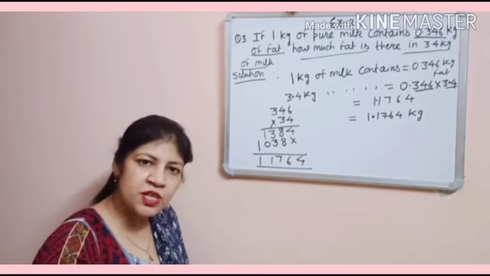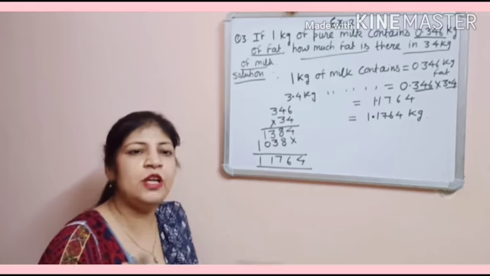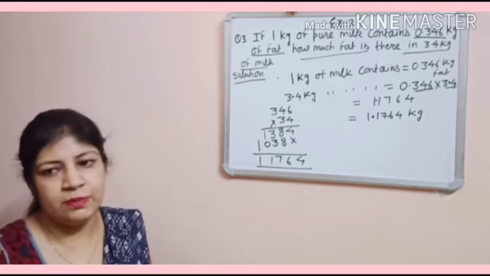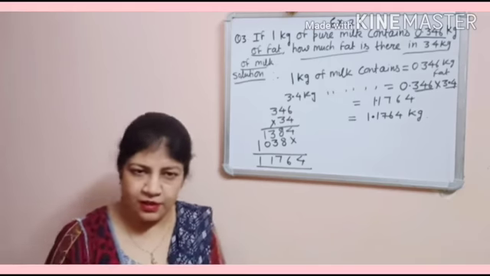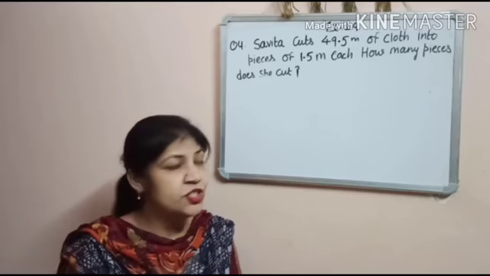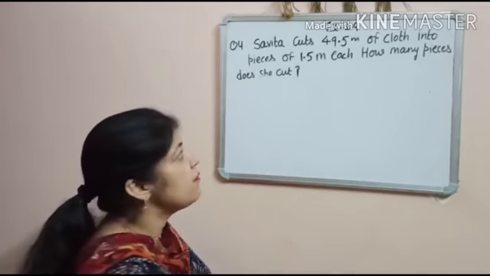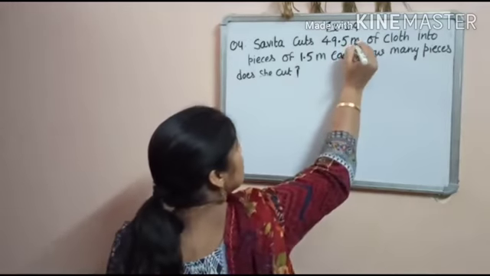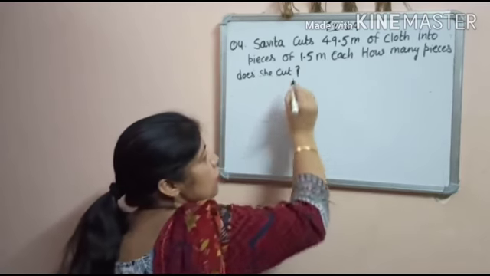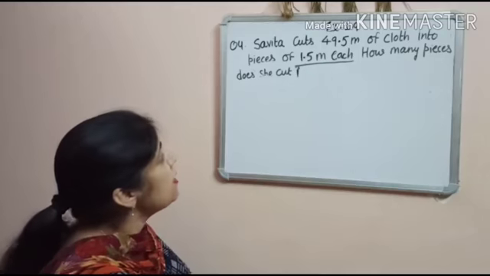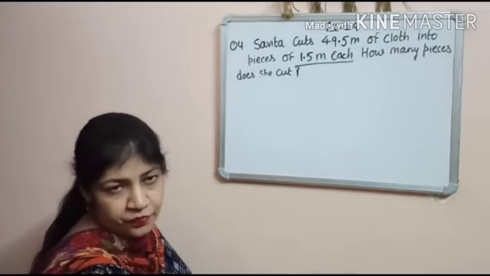But when the value of more is given, and to find the value of 1, you have to divide. Just mind it. Clear? So our next question is, Savita cuts 49.5 meter of cloth into pieces of 1.5 meter each. How many pieces does she cut?